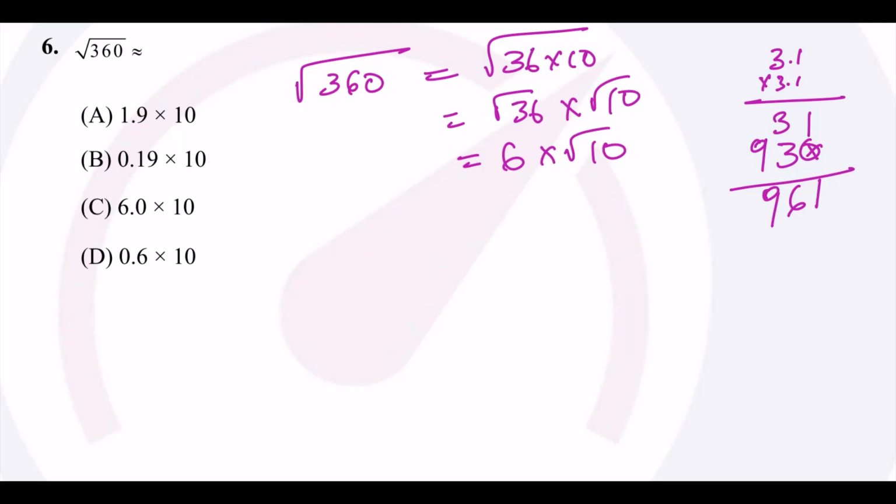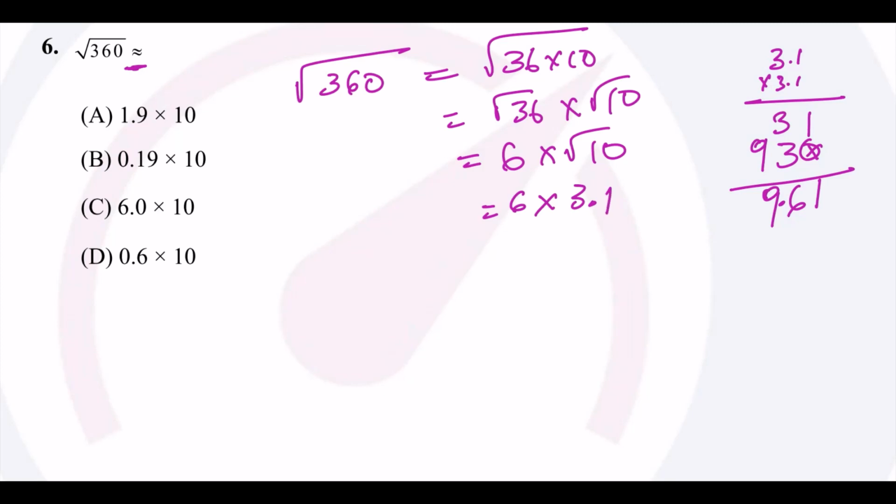So it's close enough. We get 2 decimal places, so we get 9.61. So we can say, okay, roughly, because it's an approximation, the square root of 10 is about 3.1. So we can say 6 multiplied by 3.1.